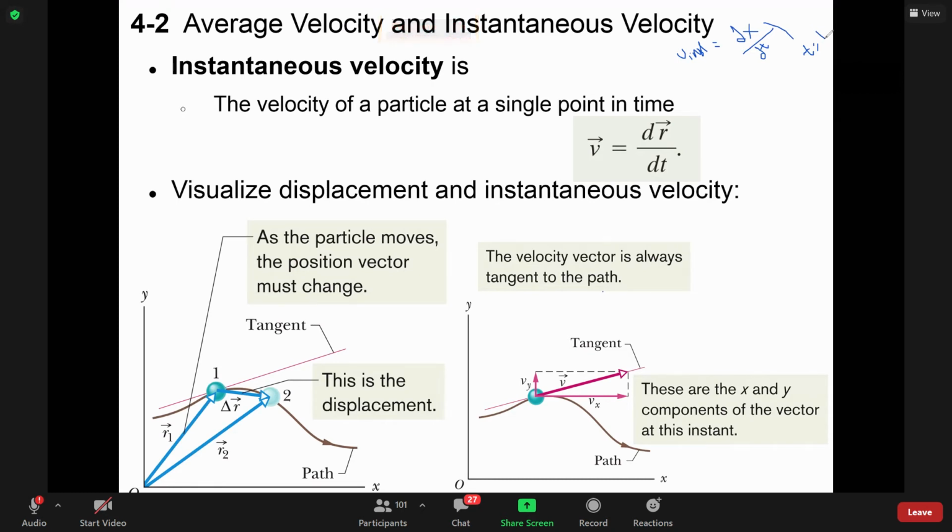Similarly, in 2 or 3 dimensions, V instantaneous, not average now, is dr/dt, which means the derivative of the position relative to time. How is position defined relative to time? If I have x and y coordinates, and there is a particle here, this is the ball.